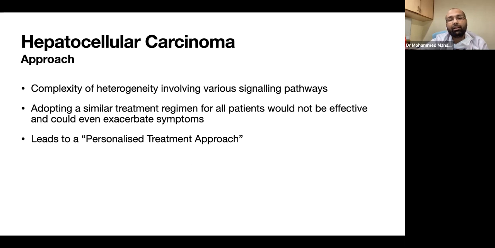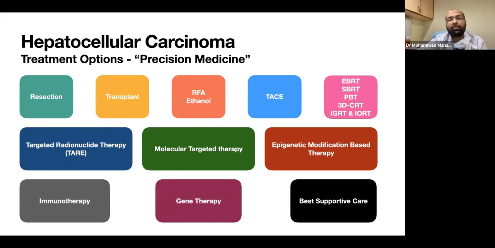So that leads us to a term called personalized treatment approach. There are many treatment modalities available, the definitive ones being resection, transplant, radiofrequency ablation, and ethanol injection ablation for smaller nodules a few centimeters in size, from which we can have a good response and even good survival of the patients.